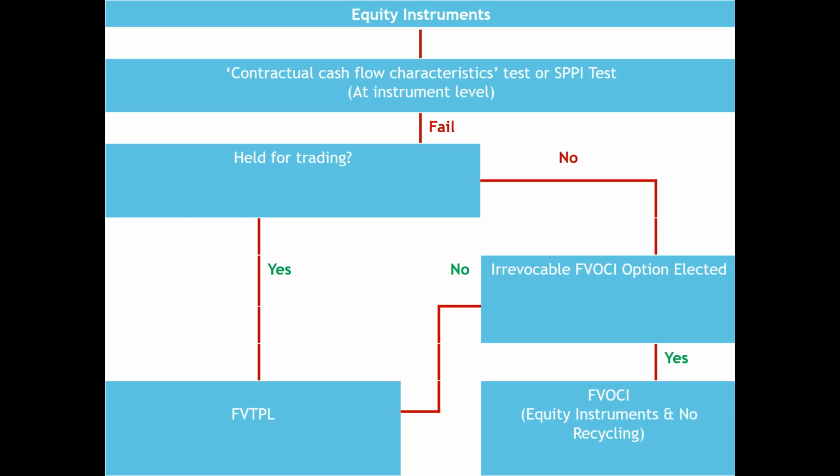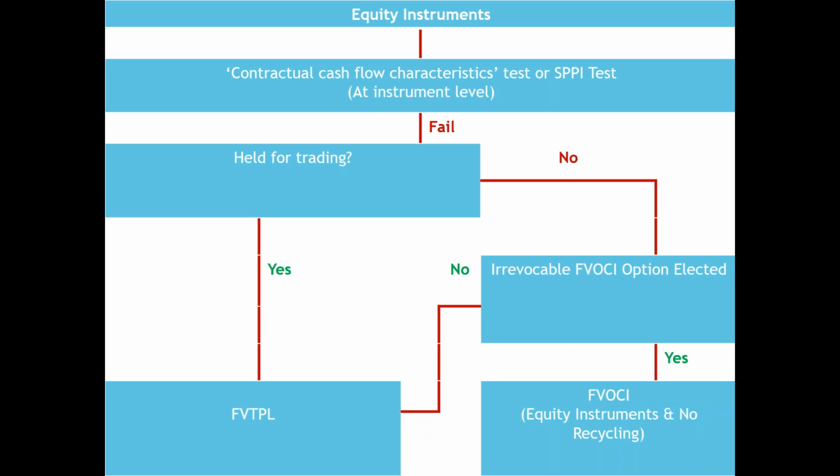That's not a change. However, if you've got an equity instrument that's not held for trading, the new AASB 9 gives you an option. It's an irrevocable option to elect fair value through other comprehensive income.